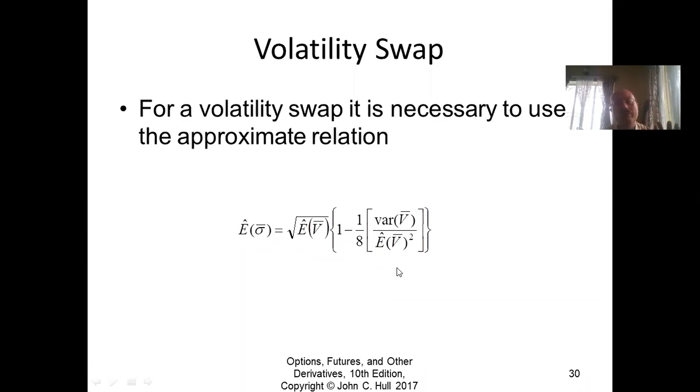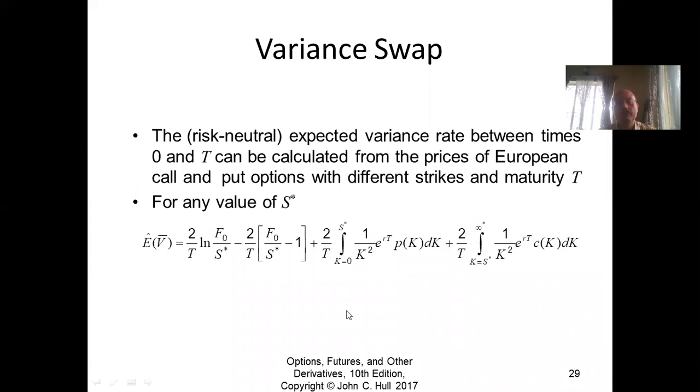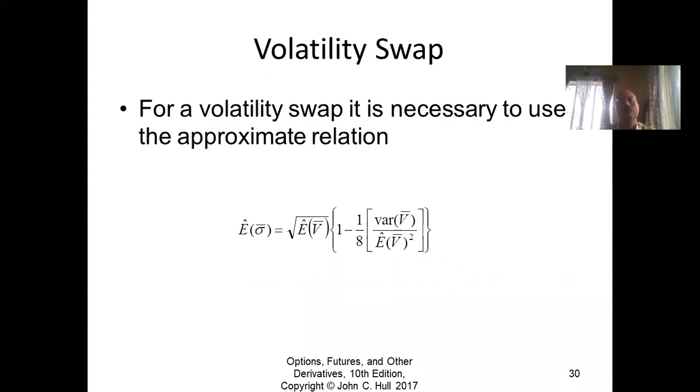These are called second order approximations. This is just like using the Taylor series up to the second term and then ignoring the higher order moments. So even though the actual analytical expression for the volatility swap looks like this, if you try to evaluate it fully, it will become very complicated. So what you do is basically use this kind of approximations.